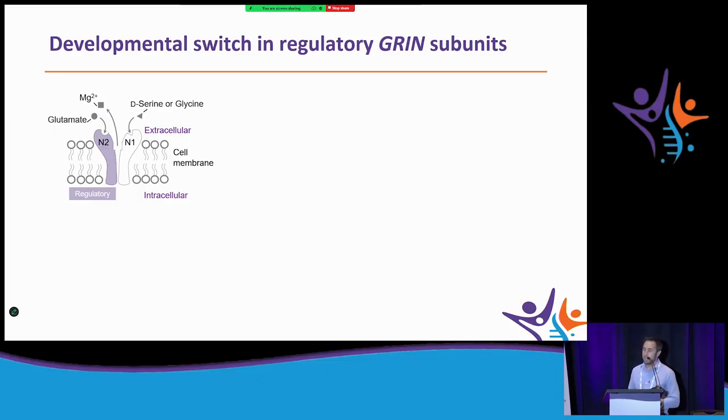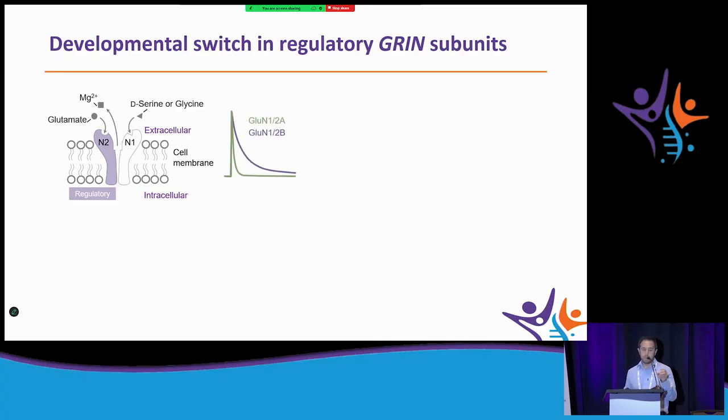Their binding essentially activates the channel. If the membrane is depolarized, then we also get unblocking of the pore by magnesium, and therefore activation of the channel and the passage of charged ions through the channel.